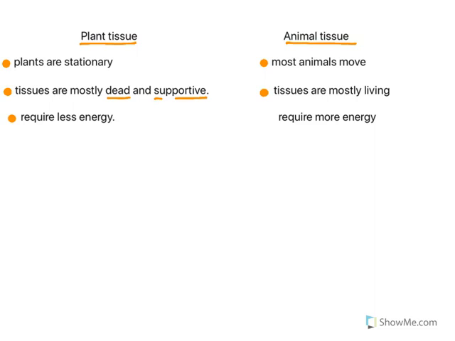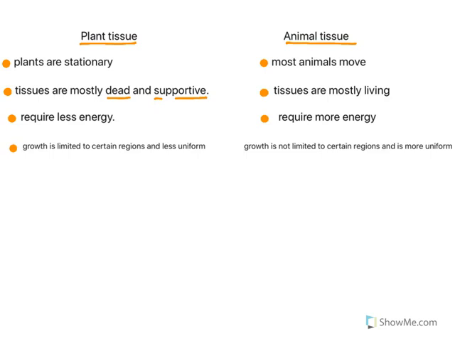Plants require less energy, since most of their tissues are dead, while animals require more energy. Because animals move, they require more energy, and most of their cells are living. Cells that are living consume more energy. Cells that are dead do not consume any energy. And since in plants, most of the cells are dead, plants consume less energy.